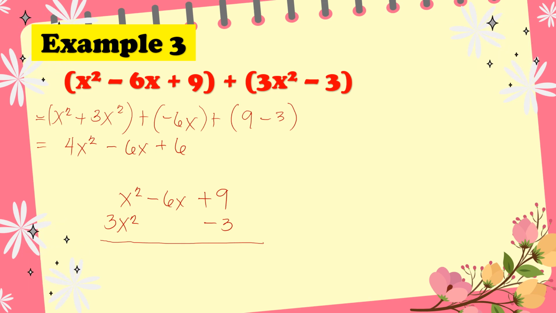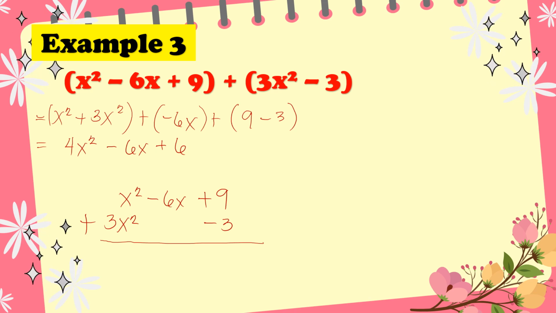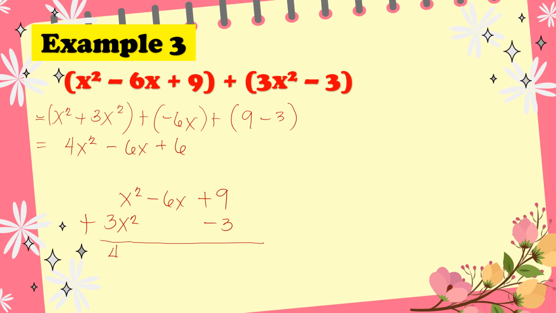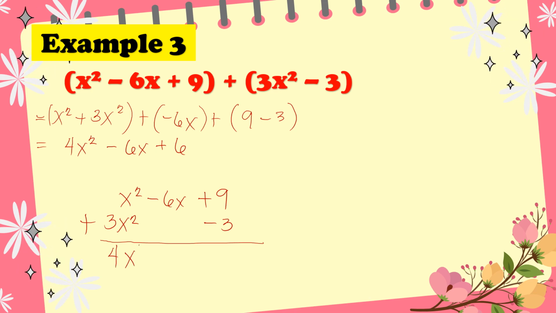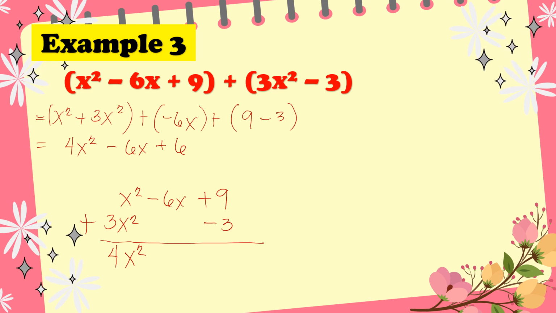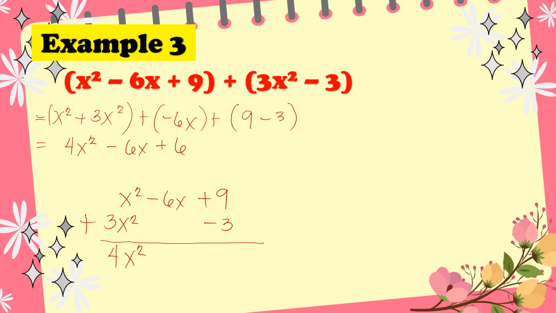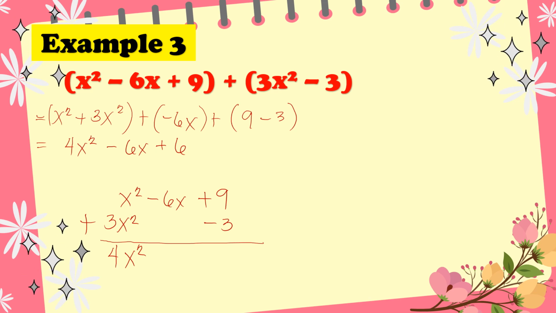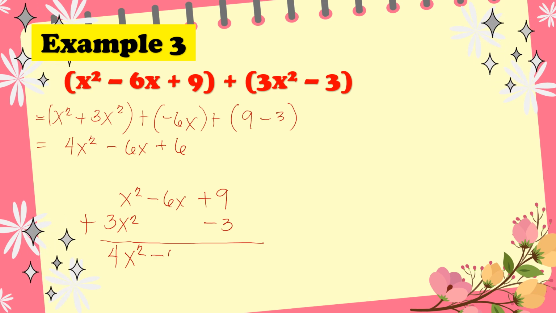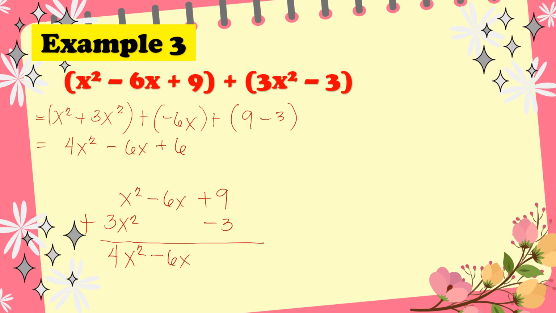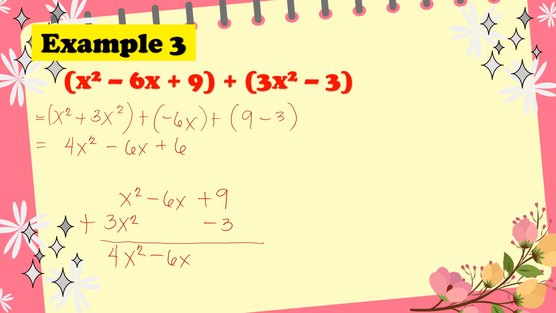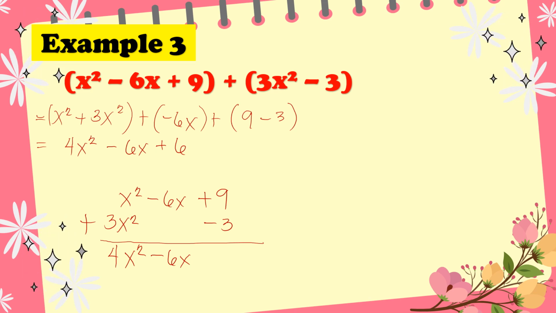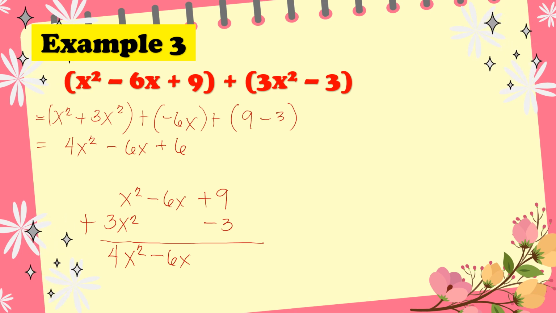So, pwede tayong mag-add. X squared plus 3x squared is equivalent to 4x squared. Kasi 1 plus 3 is equal to 4. Tapos, gagawin nyo dyan, dahil wala naman siyang katapat, bring down na lang. So, that would be negative 6x. Tapos, magkaiba ng sign, positive 9 plus negative 3. So, same sign, add and keep, different sign, subtract.